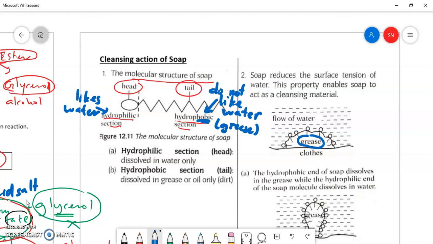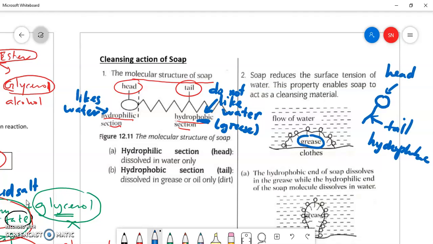The tail part of the soap molecule, sorry, the tail part, which is hydrophobic, will attach itself to the grease, and the head part, which is hydrophilic, will attach itself to the water.